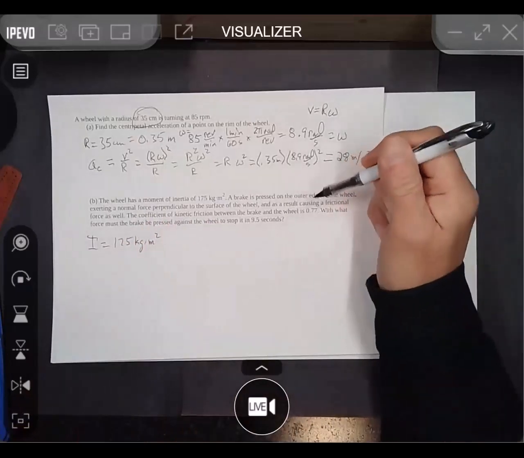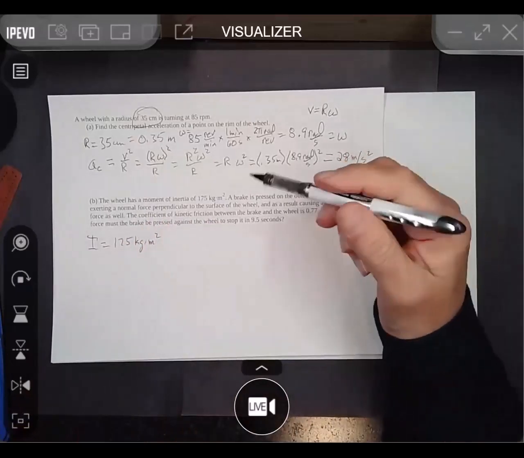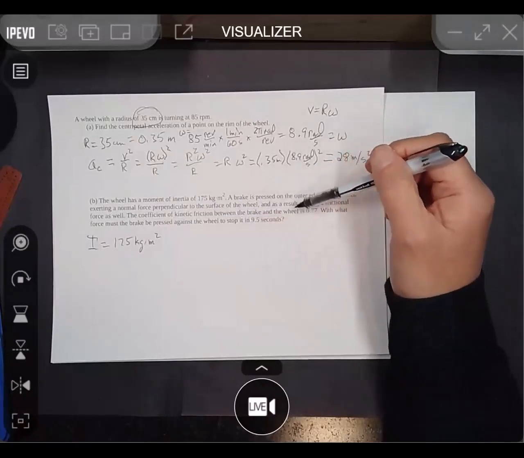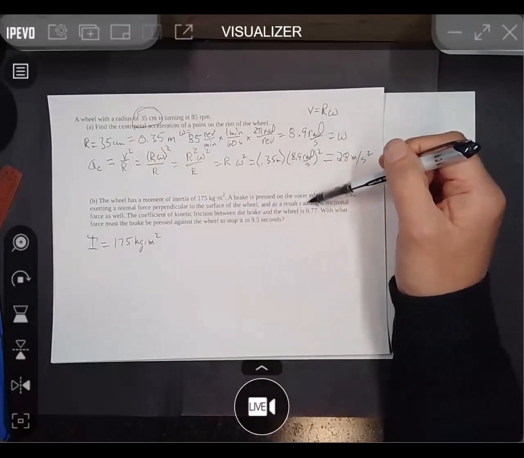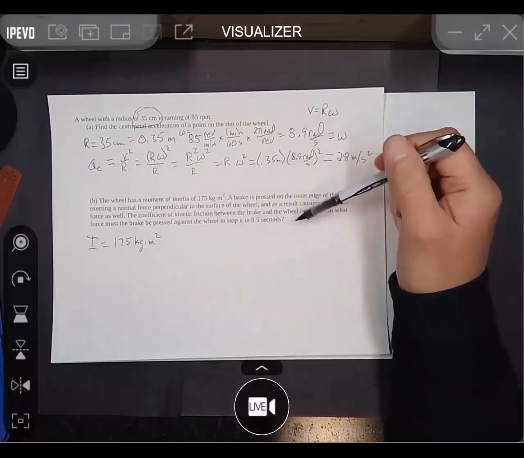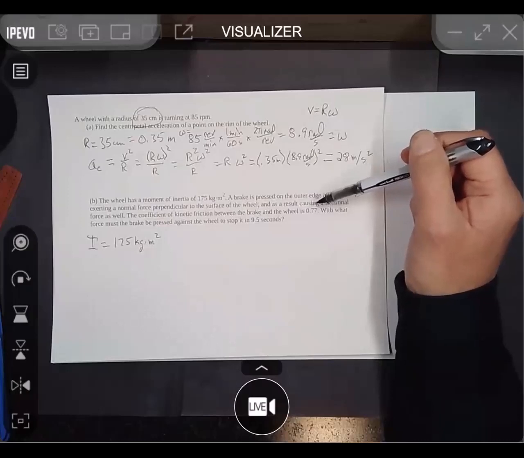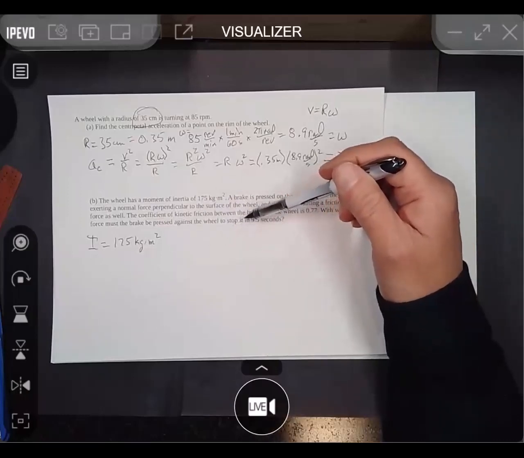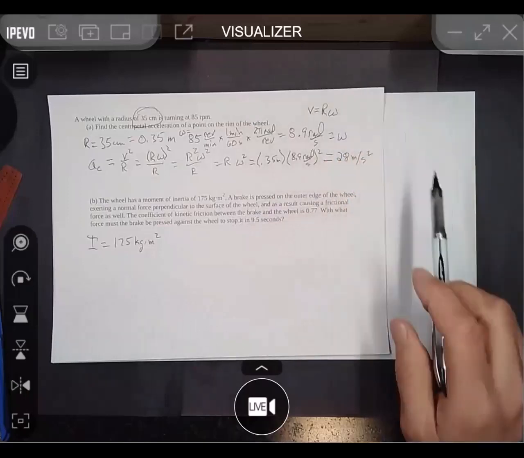A brake is pressed on the outer edge of the wheel, exerting a normal force perpendicular to the surface of the wheel, and as a result, causing a frictional force as well. The coefficient of kinetic friction between the brake and the wheel is 0.77. With what force must the brake be pressed against the wheel to stop it in 9.5 seconds?